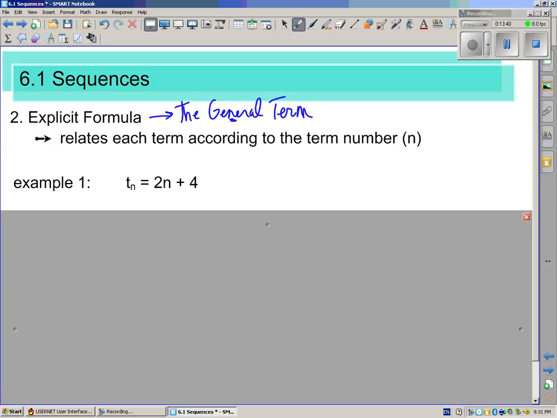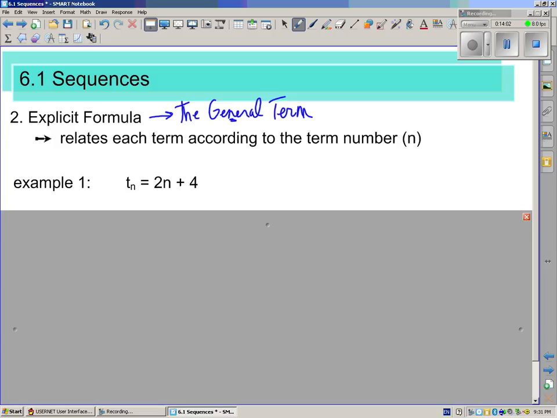Okay, so our formula, here's an example. This is an explicit formula that we have. T sub n is 2n plus 4. So the definition of our explicit formula says it relates each term according to its term number, n. What term am I in the sequence?